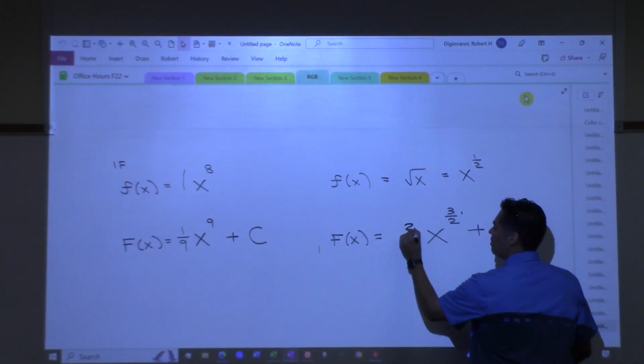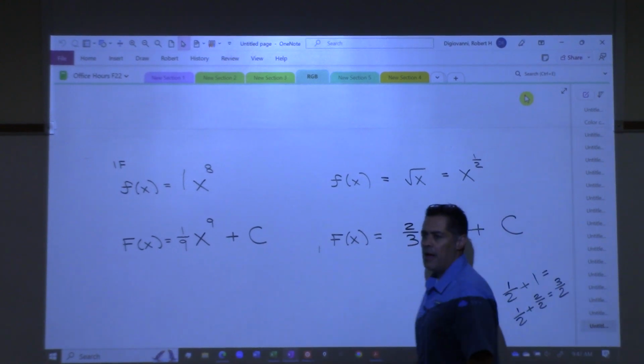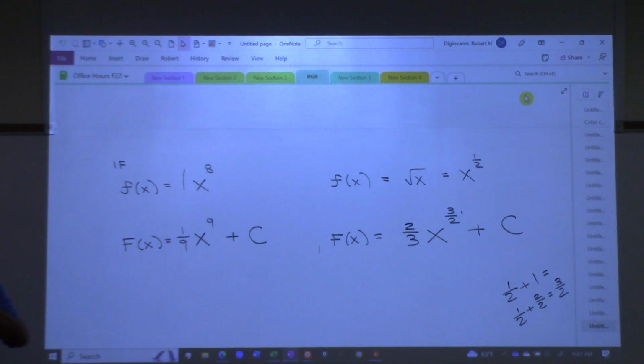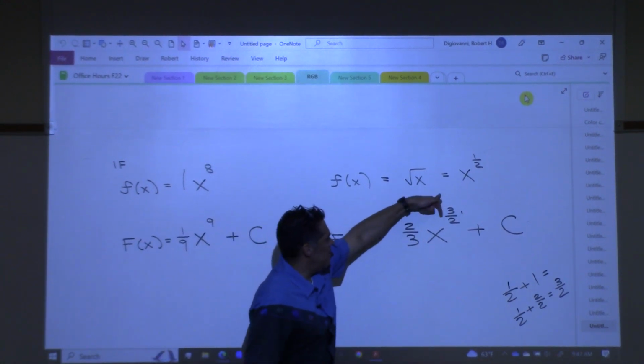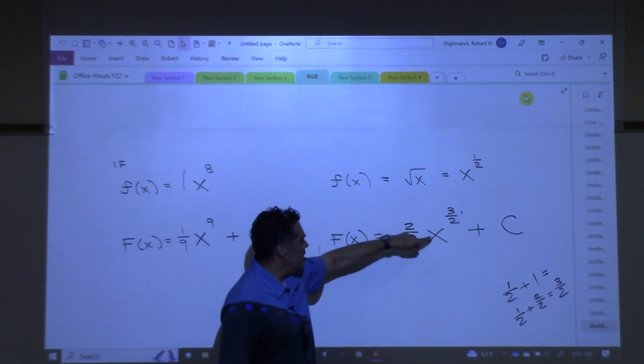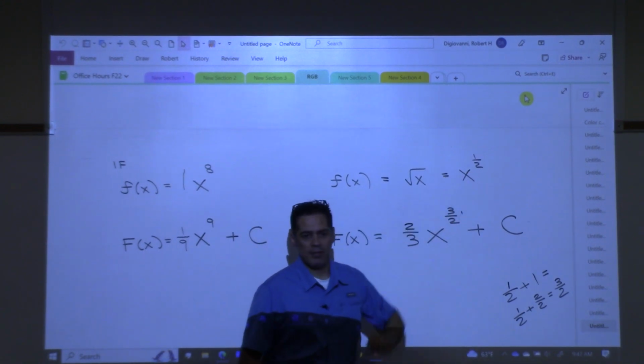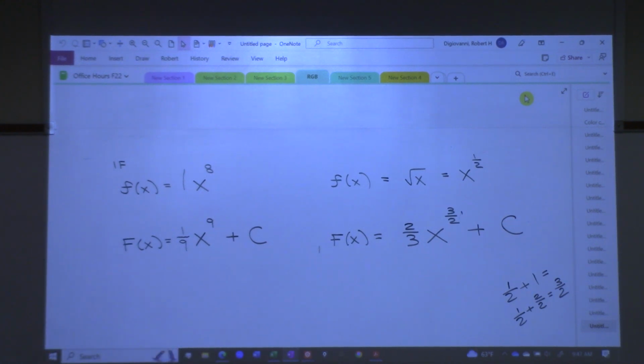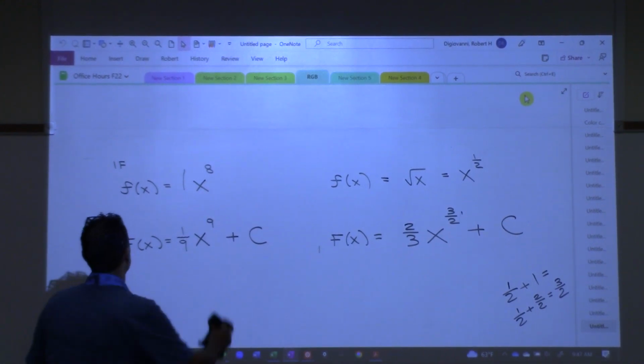So you put a 2/3 out here. And that will kill off the 3/2. When I say kill off, y'all understand I mean turn it into a 1? So y'all see it? 3/2 comes out, boom, that becomes a 1. Take that, subtract 1, you get this. Y'all getting this?